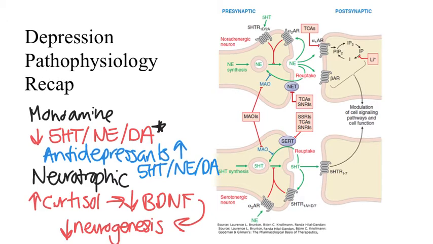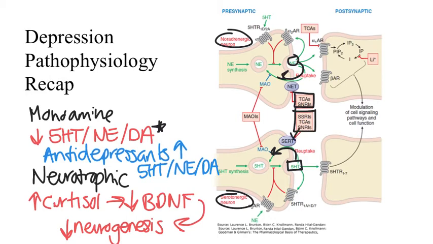Normally, these neurotransmitters are released into the synapse and taken back up via their specific transporters, NET for norepinephrine and SERT for serotonin. The majority of antidepressant drugs we will talk about inhibit one or both of these transporters.